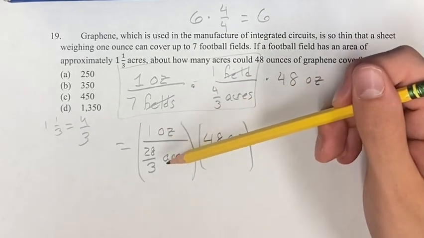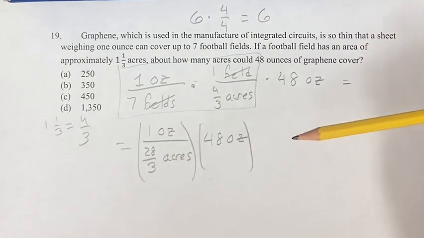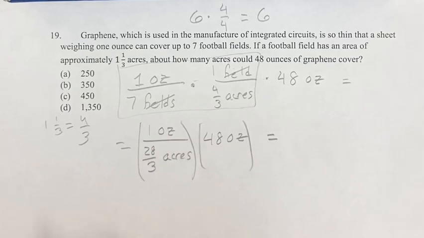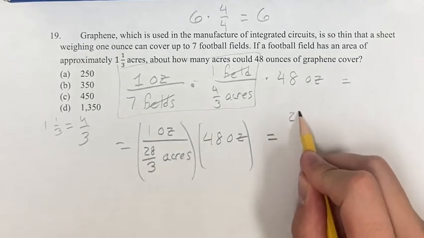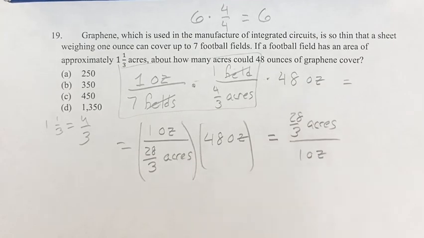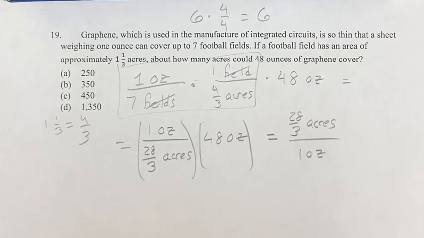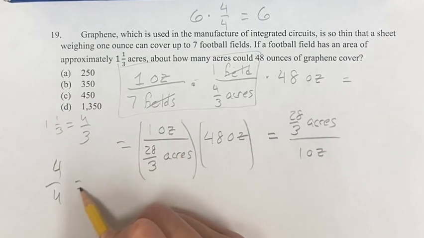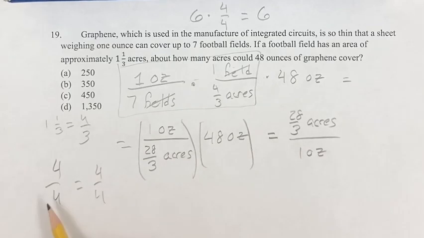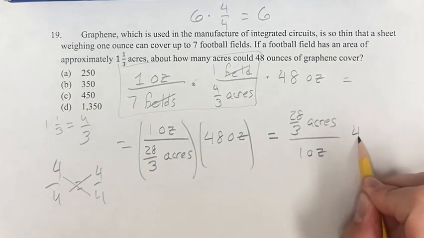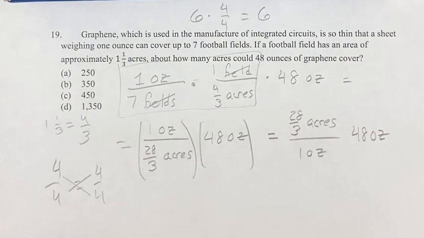So 1 ounce is equal to 28 over 3 acres. So this whole thing is 1, and therefore 28 over 3 acres divided by 1 ounce would also be 1. Since this is equal to this, it doesn't matter which one you put on the numerator and the denominator, 4/4 is equal to 4/4. Just because I switched this 4 and put it up here and put that one down there doesn't actually change anything. We're multiplying by 48 ounces.